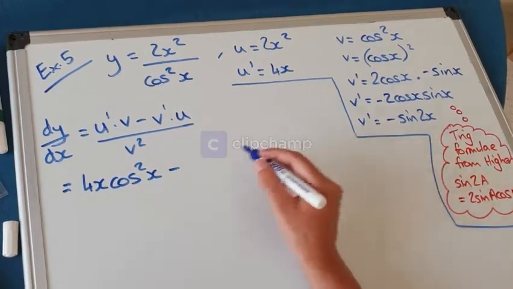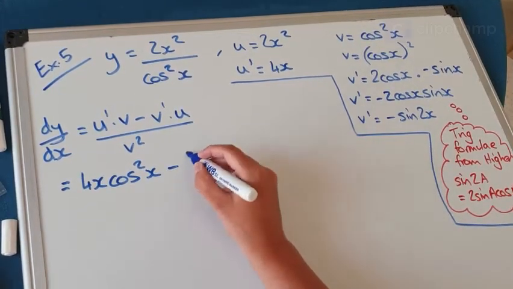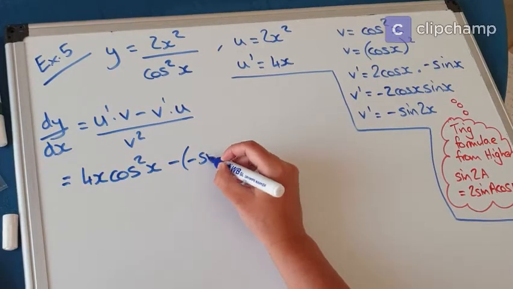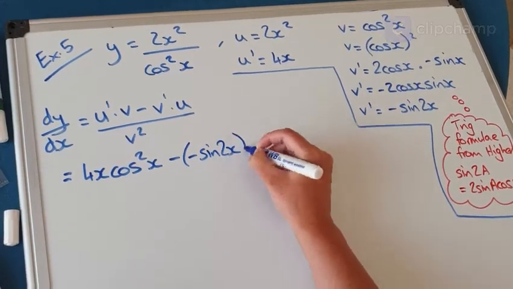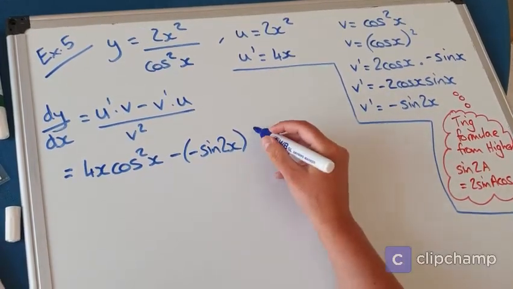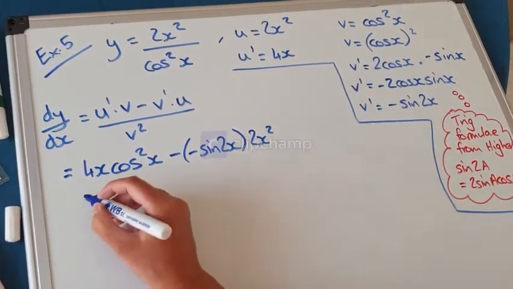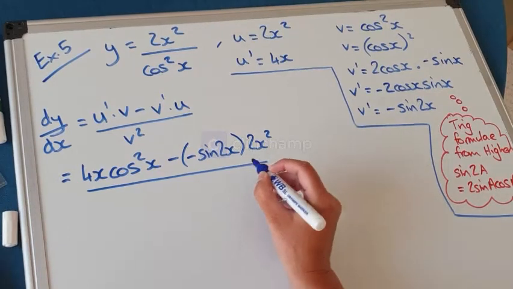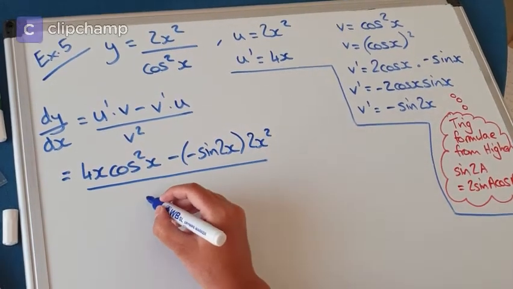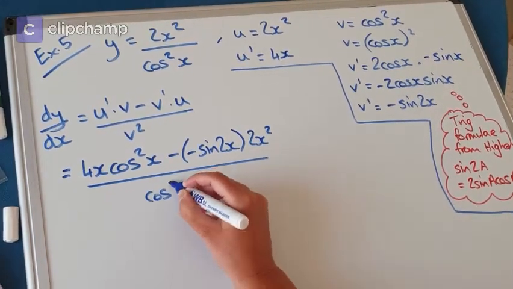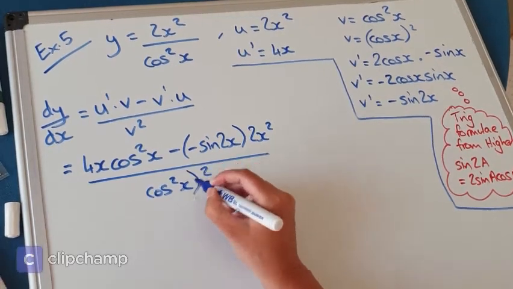So I'm taking that away and I'm doing minus sin 2x being multiplied by 2x squared, all divided by v squared, which is cos squared x squared.